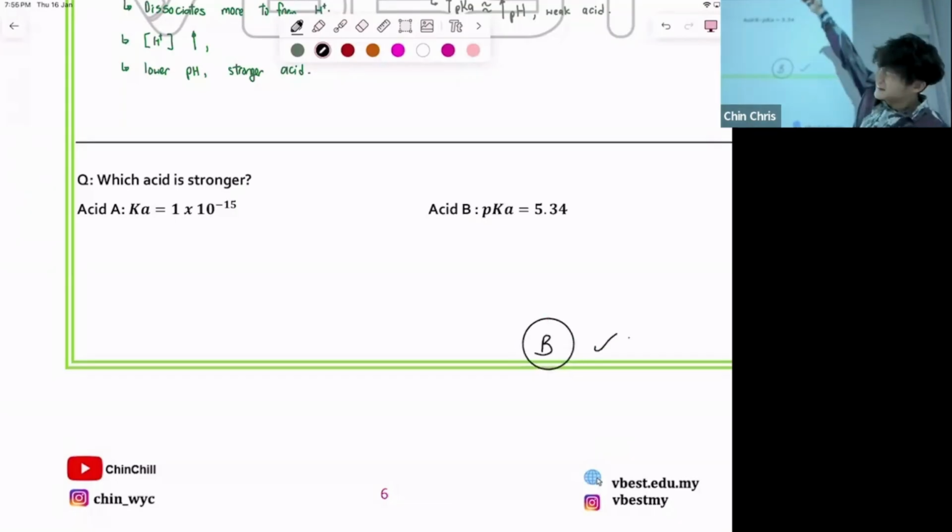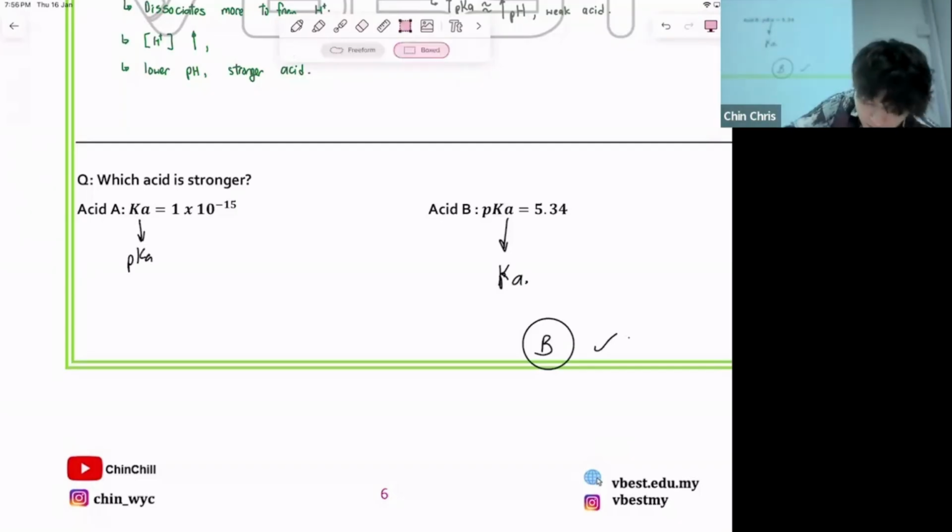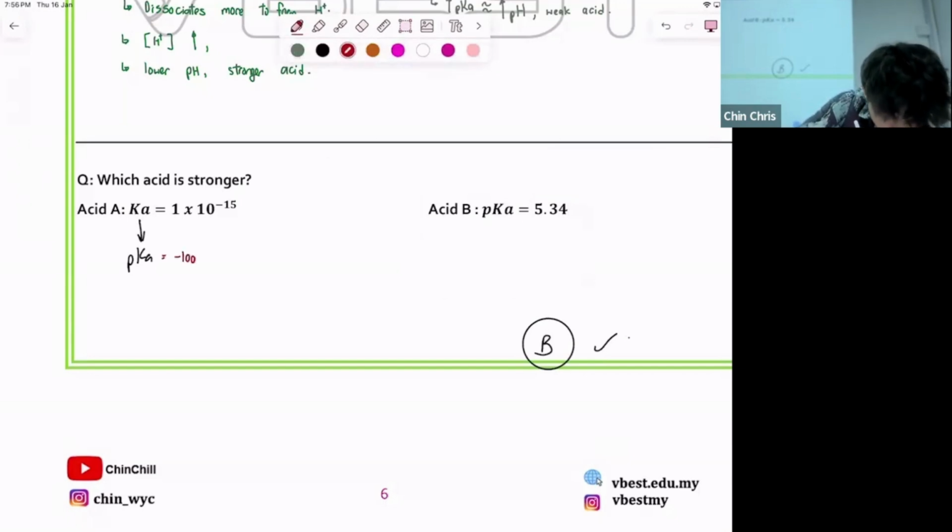Before I let you go, let me show you the reason why. You can either convert a pKa into Ka, or convert your Ka into pKa. I think converting Ka into pKa is easier. So just convert your Ka into pKa: negative log base 10 of 1 times 10 to the power negative 15.